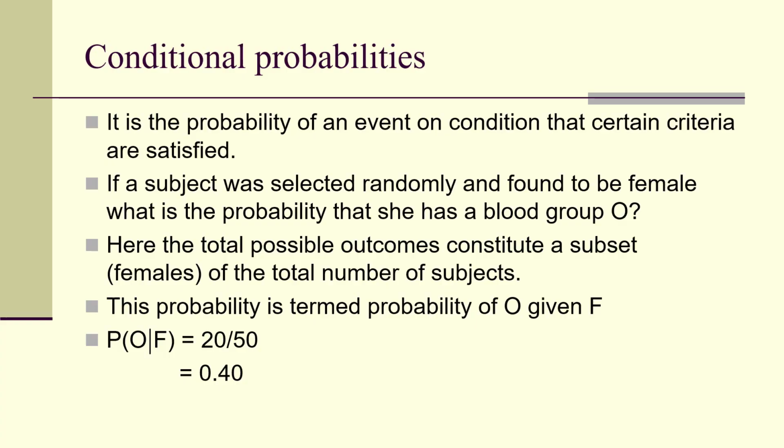Now the total possible outcomes constitute a subset of the total number of subjects, and this subset includes all females. Then the probability of O given F is calculated as 20 divided by 50, which is equal to 0.4.